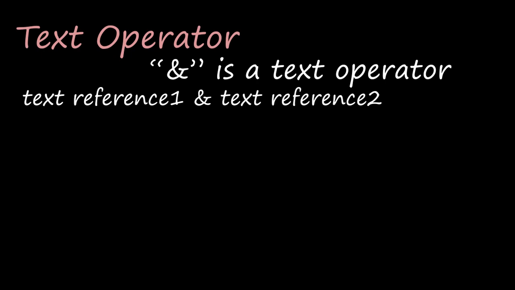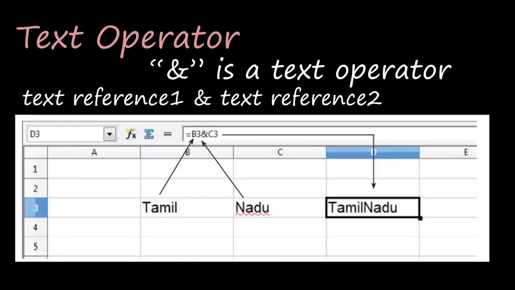The expression used for this text operator is text reference 1, the ampersand symbol, and then text reference 2. If you are using this ampersand symbol in between two text references, the two cells will be merged and displayed in the particular cell where we click and where we are giving this formula.